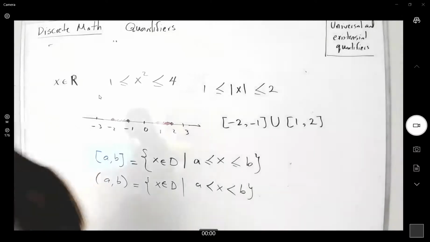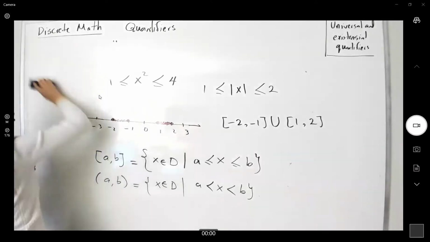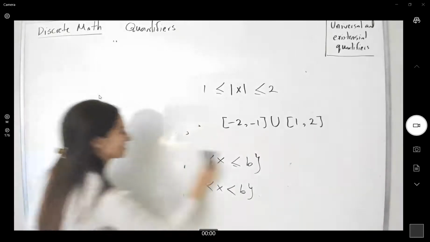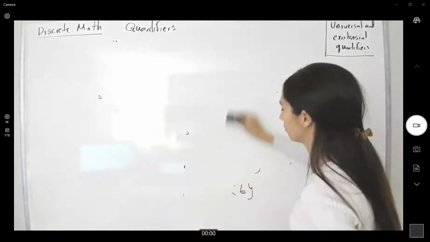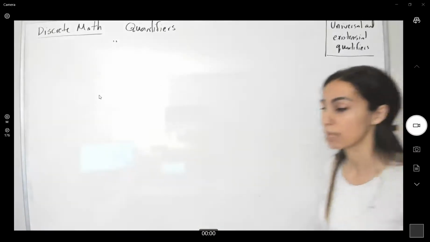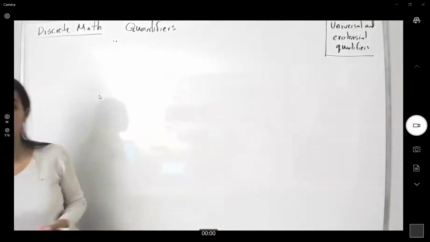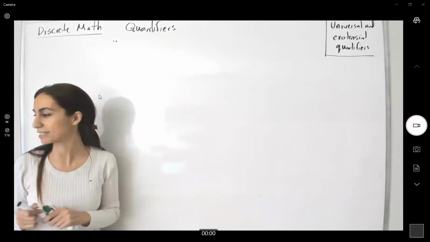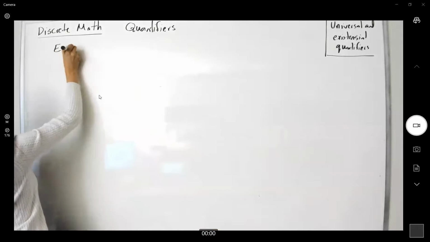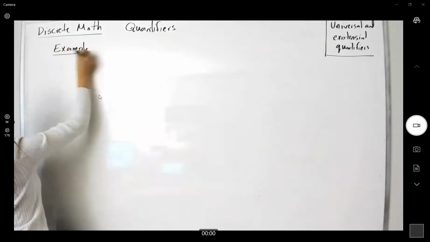Well, let us investigate the truth and falsity of existential statements. Remember that for the truth and falsity of a universal statement, we have to check every member, or we find a counterexample.